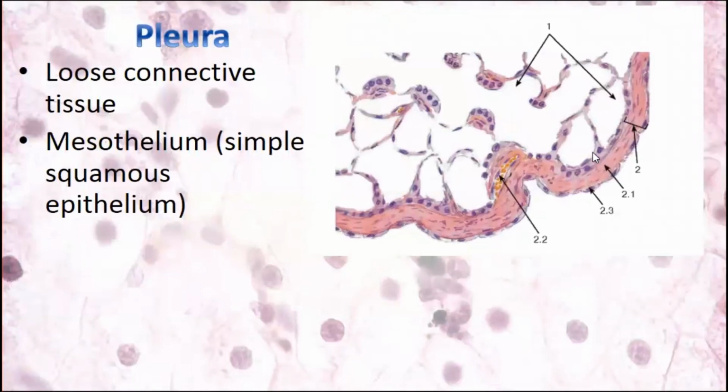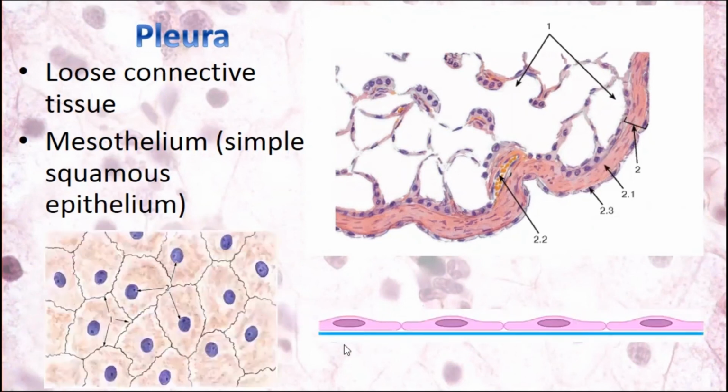Lungs outside are covered by a special serous membrane. It's called pleura. It consists of loose fibrous connective tissue and mesothelium. Mesothelium is simple squamous epithelium which covers the pleura and loose fibrous connective tissue. So there are two layers of pleura. Pleura is a serous membrane, and it's very close in structure to the pericardium and peritoneum.